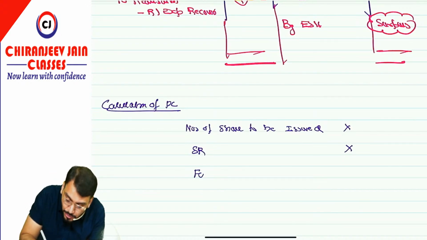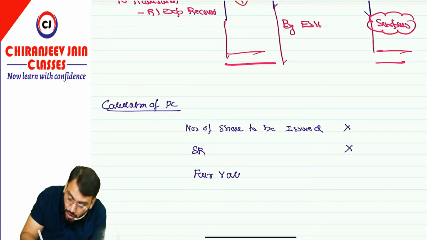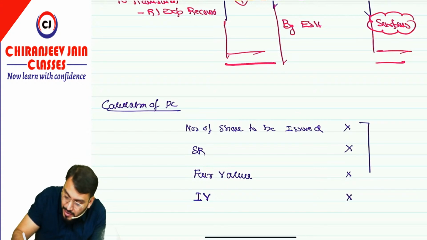Whether fair value of shares of both the companies is given? Not given. And whether the question has asked you to calculate intrinsic value? No, not asked. It means we'll use net asset method.